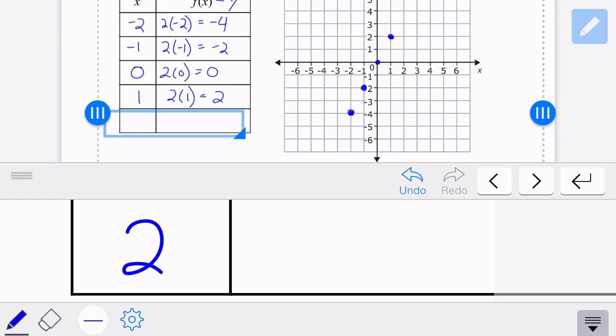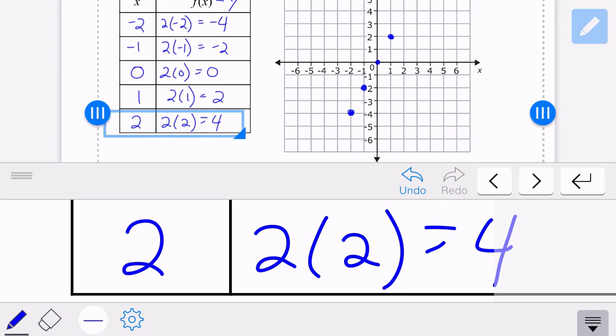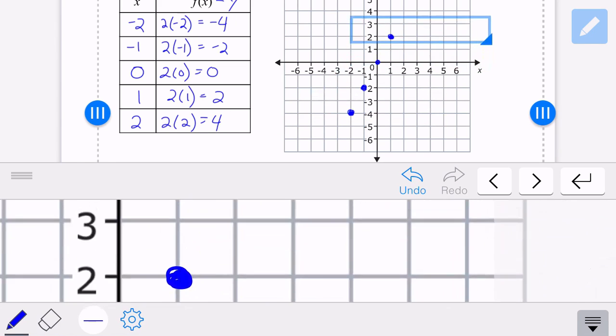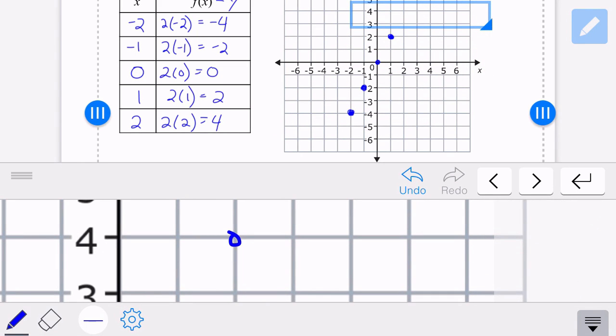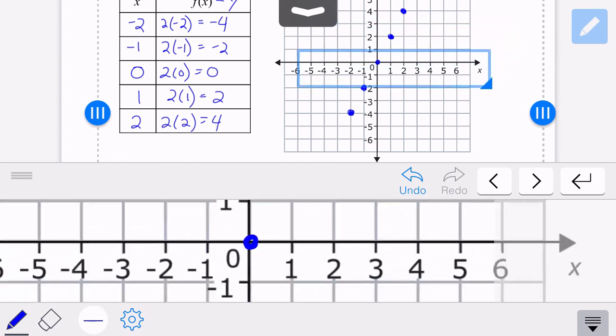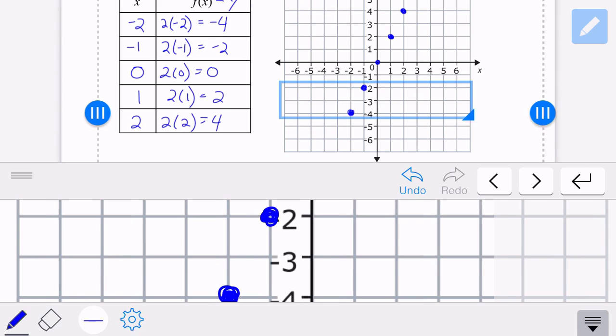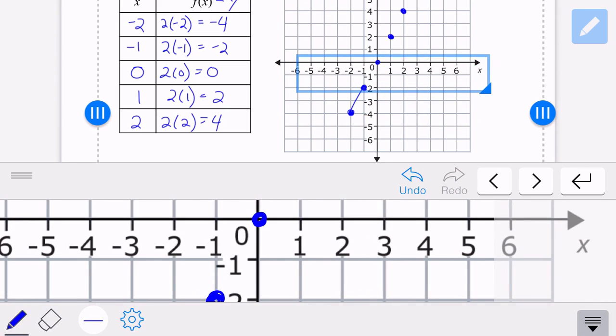And then our last one would be 2. So 2 times 2 would give us +4. So then we would have the point 2, +4. Okay? And then as you can kind of see, it starts to form a line. So then you can start to connect that together.